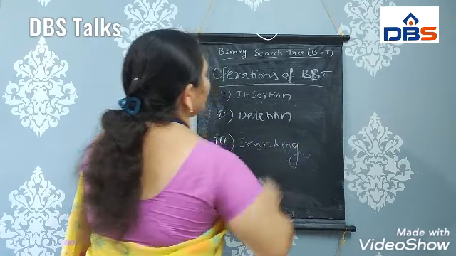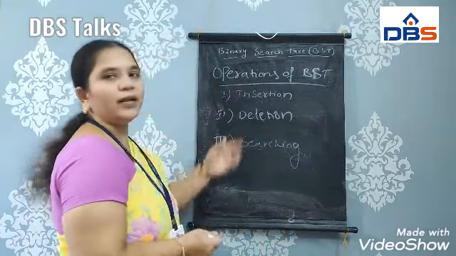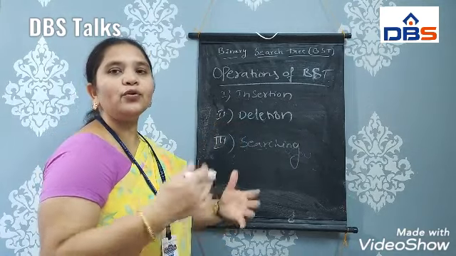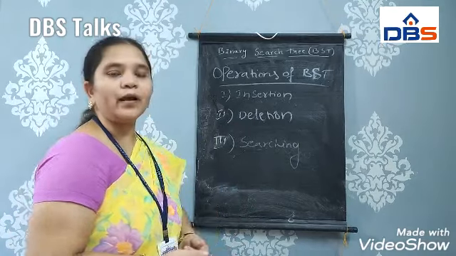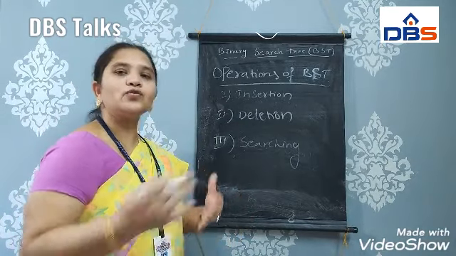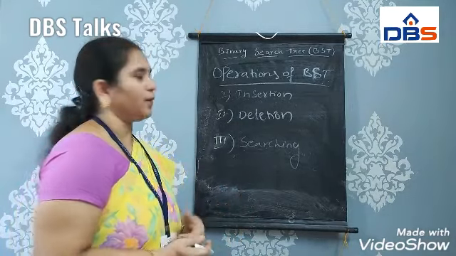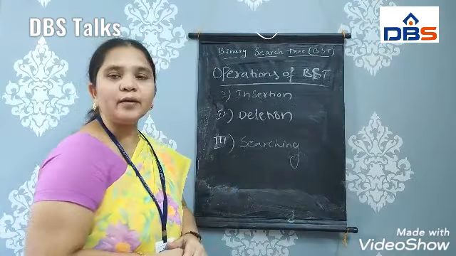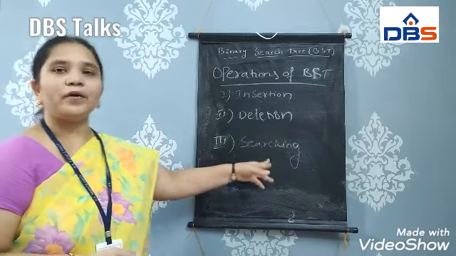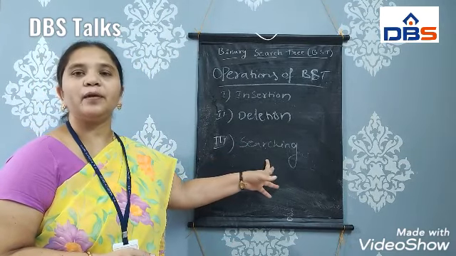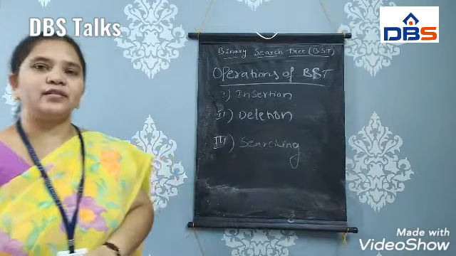Already we know the idea of insertion and deletion: how to insert new nodes into the already existing tree, and how to delete nodes from the existing tree. Searching is what we want to perform, and searching can be performed by using traversing.